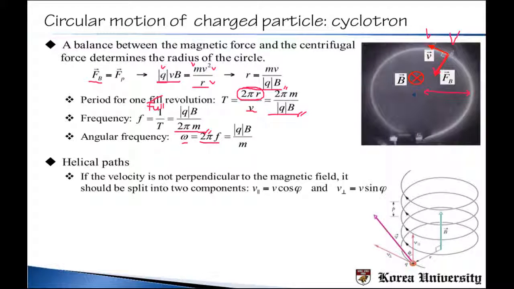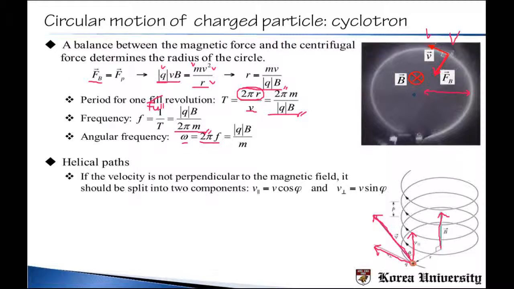For example, here we have the magnetic field going like this, and the velocity vector is pointing in an arbitrary direction. How can we understand what is going to happen in this case? The velocity is a vector, so we can split it into two components: one parallel to the magnetic field, and the other perpendicular to it. Then think about them separately, and combine later.